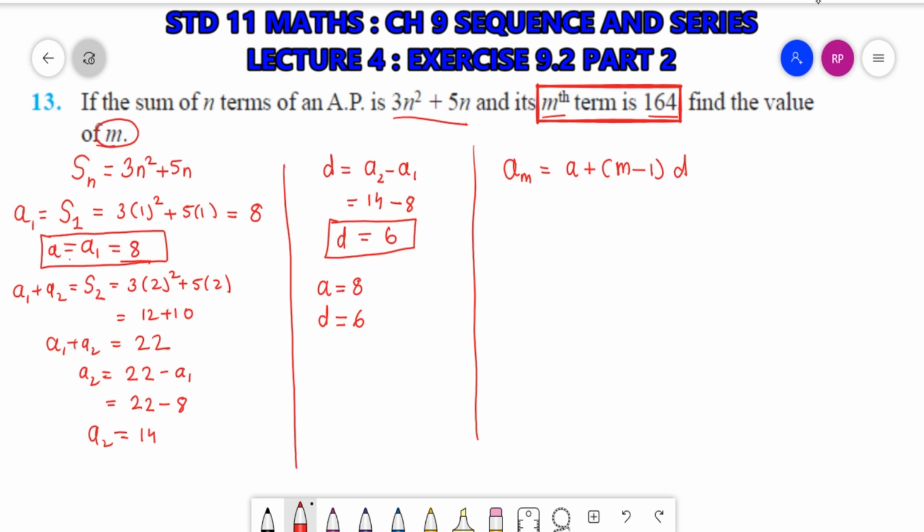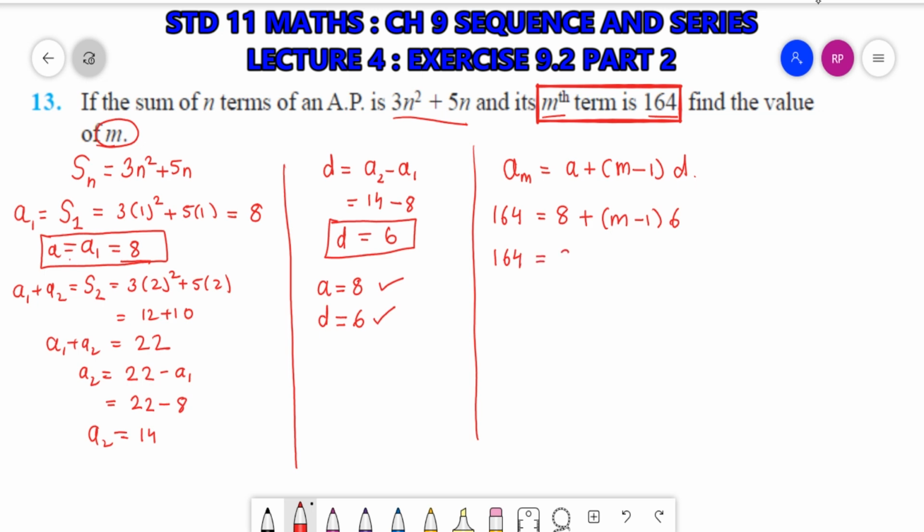Now it is given that the mth term is 164. So 164 is equal to a, what is our first term? 8. A plus m minus 1 into d. What is the difference? The difference is 6.